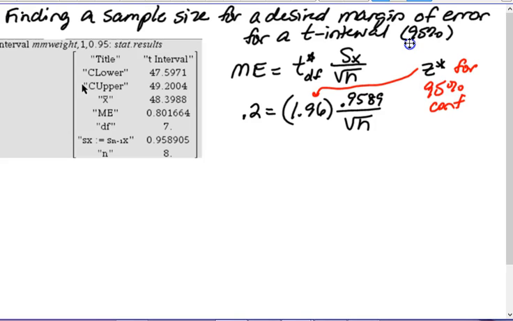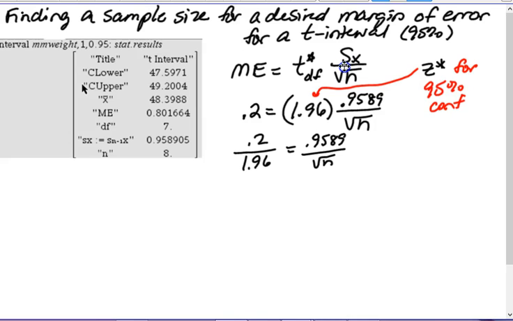So now solve this for n. You'd have 0.2 divided by 1.96 is equal to 0.9589 over the square root of n.